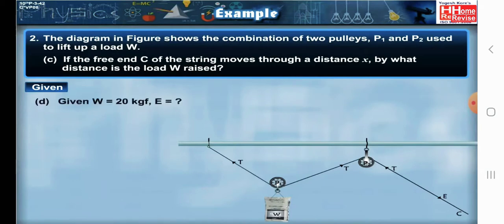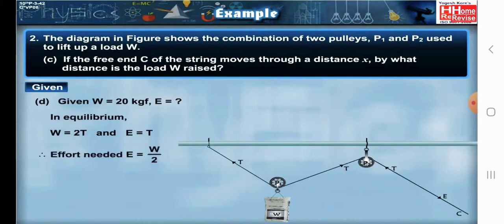D. Given W is equal to 20 kgf, what is E? In equilibrium, W is equal to 2T and E is equal to T. Therefore, effort needed, E is equal to W/2. Substituting the values, it equals 20 kgf/2, which is equal to 10 kgf.